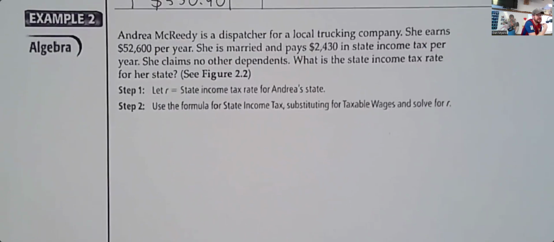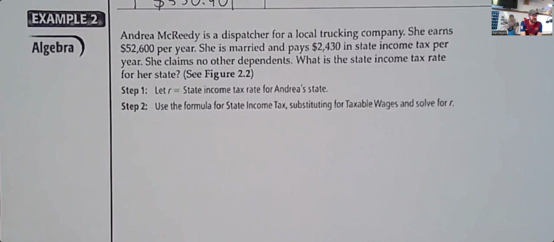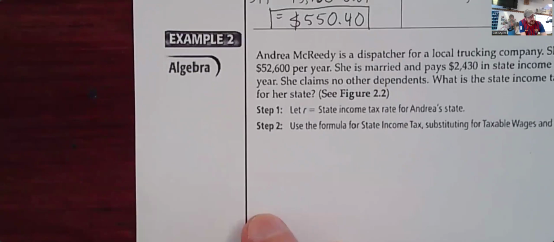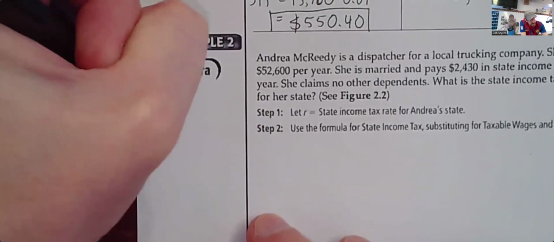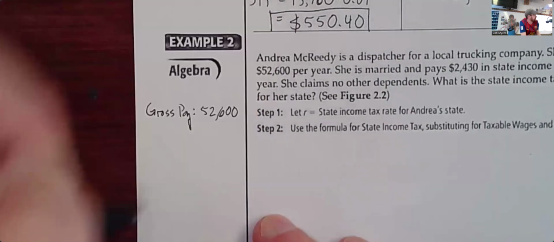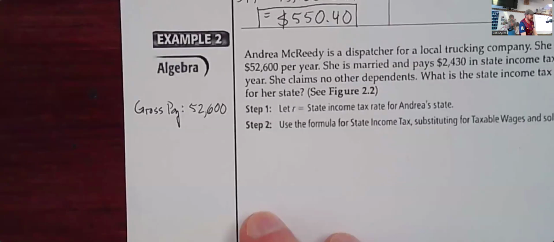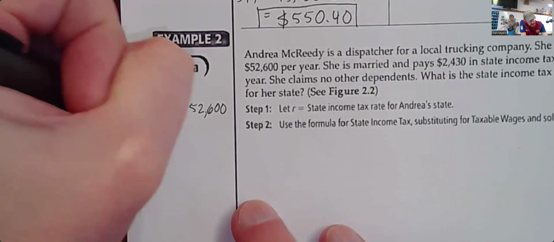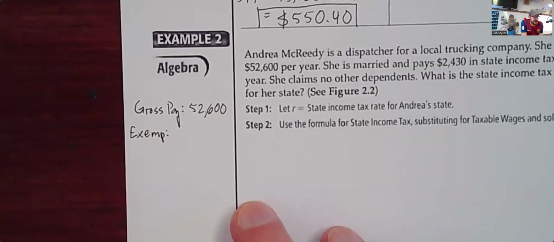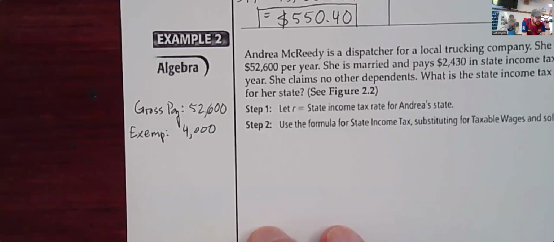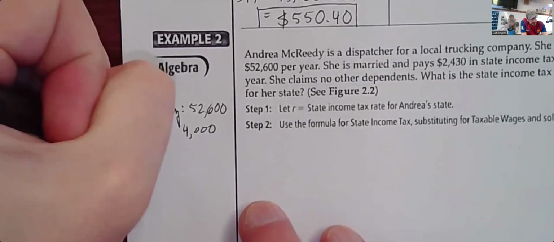So in order to do that, though, we need the exemptions first. And let's actually just go ahead and write out some information off to the side here. So we know that her gross pay is $52,600. Gross pay, $52,600. What are her exemptions, total exemptions? She's married. She claims no other dependents. 4,000. Okay. So then her taxable wages would be what?